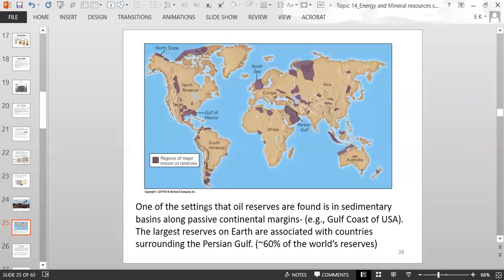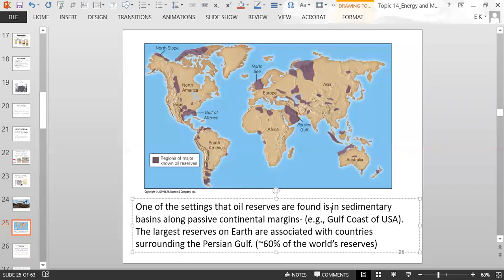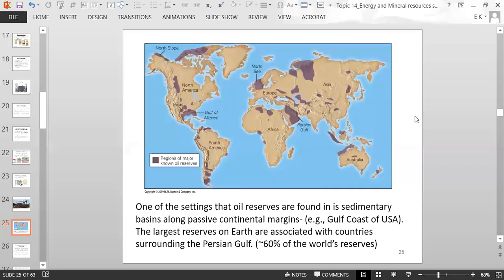One of the settings that oil reserves are found in is sedimentary basins along passive continental margins. So an example of a passive continental margin with a sedimentary basin with oil reserves is the Gulf of Mexico.